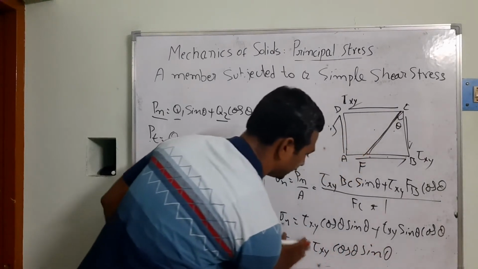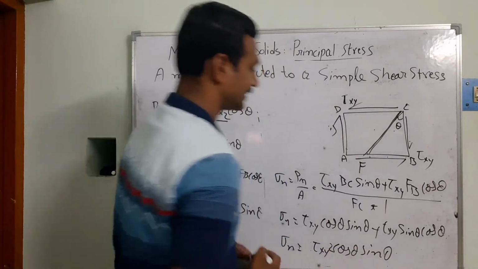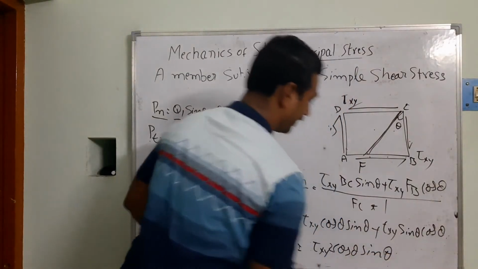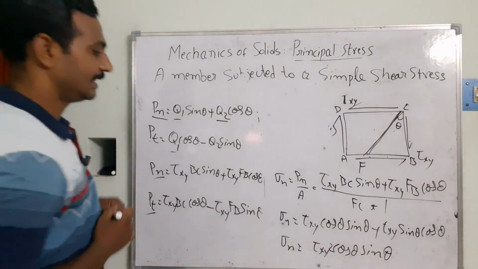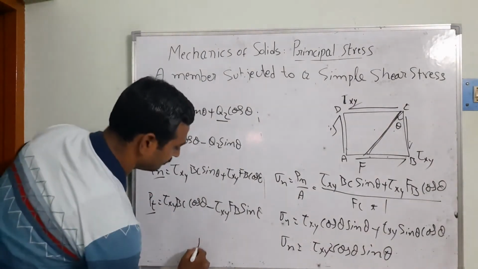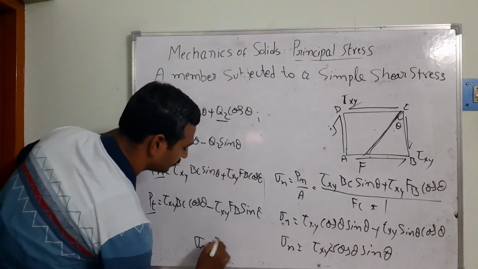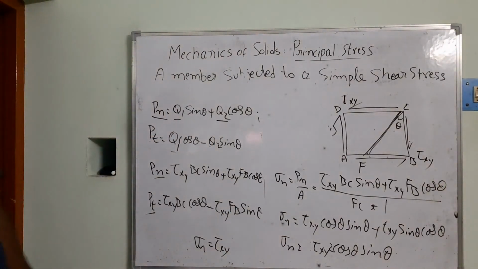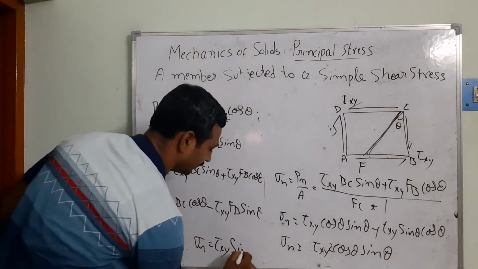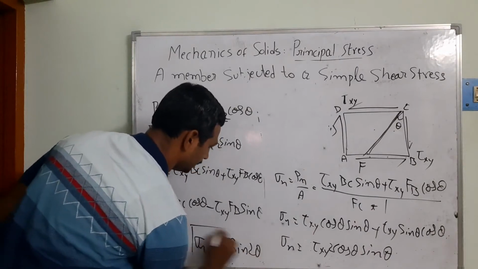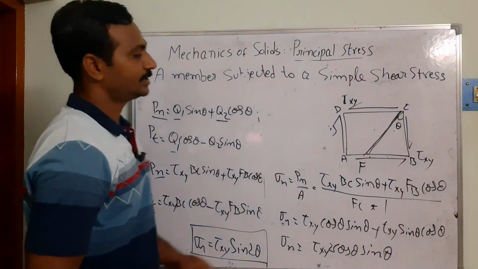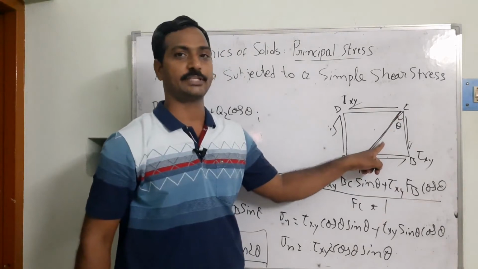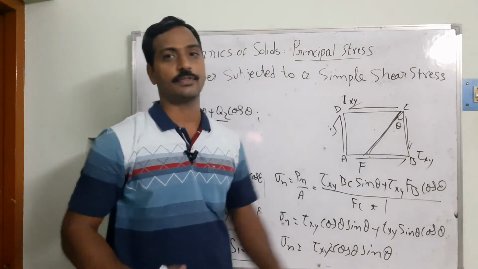As we know, that is 2 cos theta sin theta, so sigma n is equal to tau xy into sin 2 theta. We got it. So this is the normal stress acting on your face FC, which is inclined to the face BC.